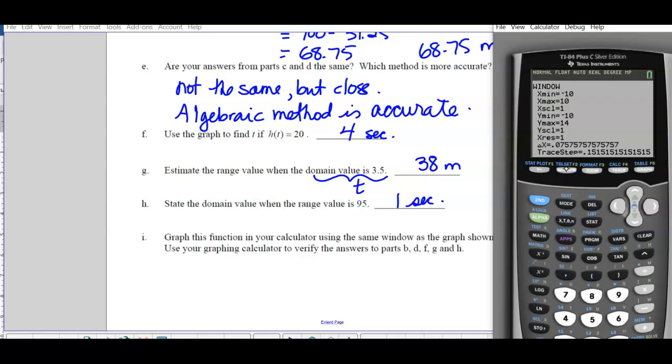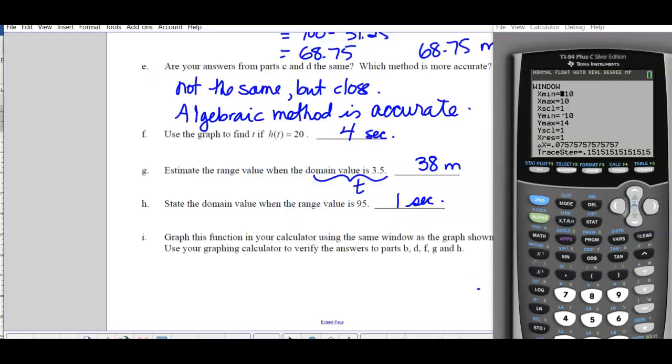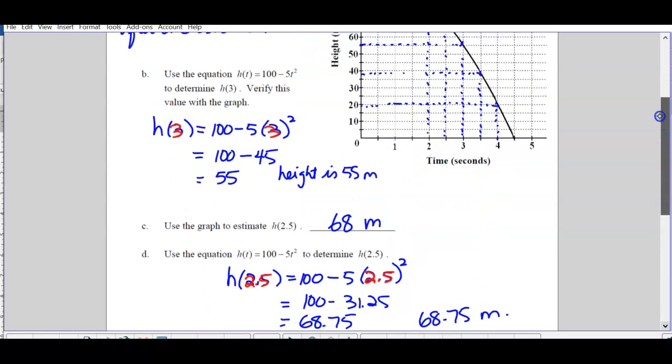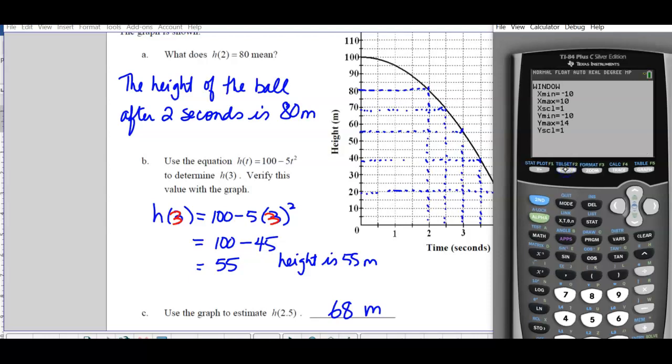So let's take a look. What is our, oh, that's not what I wanted to do. Here. So when I look at the previous graph, this goes from 0 to 5, and then you can just go up by ones. And this goes 0 to 100 and up by tens. So in our window, 0 to 5, up by ones, then 0 to 100 maximum.